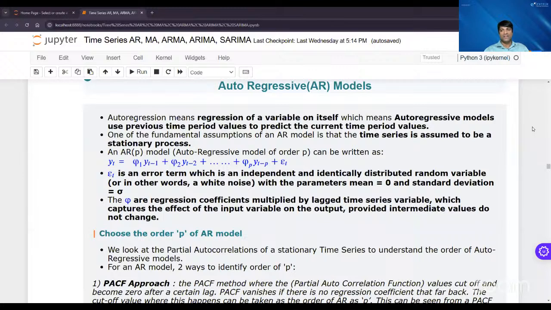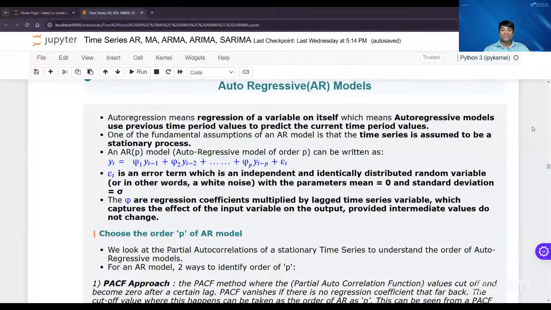My current product sales can be represented as a linear combination of its past, that is, a linear combination of the lagged variables.